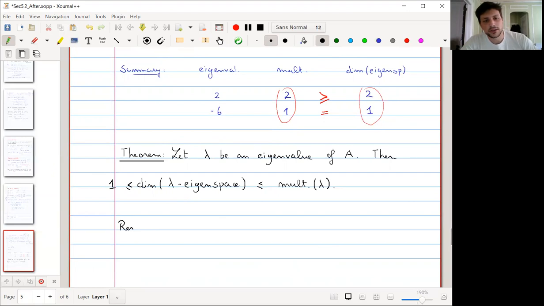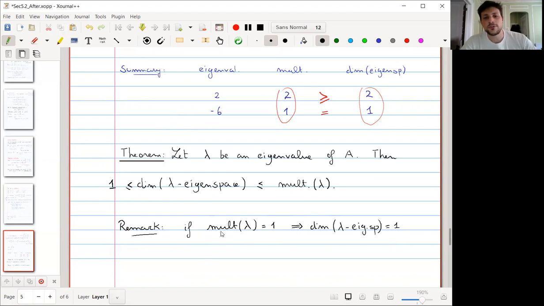Just a little remark. If the multiplicity of a certain eigenvalue is equal to 1, then you know that the dimension of the corresponding eigenspace must be exactly equal to 1, because eigenspaces have dimension at least 1, and they are at most the multiplicity.